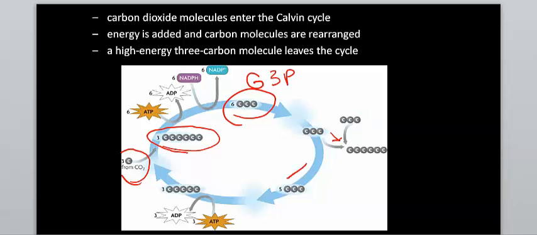The other 5 go here. And notice we have to use ATP again. So you see, in order to get it back to ribulose bisphosphate, to reconvert them, we have to use some more ATP. So this is using up energy, but that's okay, because that means we just recycle it and keep it going and going and going. That's a cycle, and that is the Calvin cycle, also known as the light independent reaction, also known as the dark reaction.